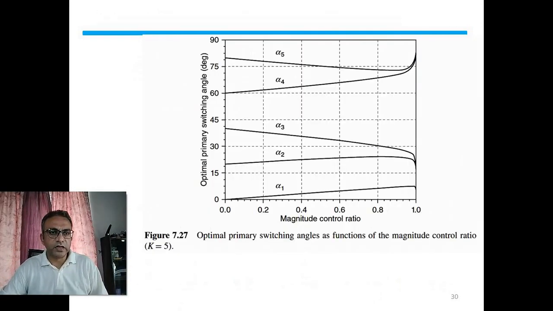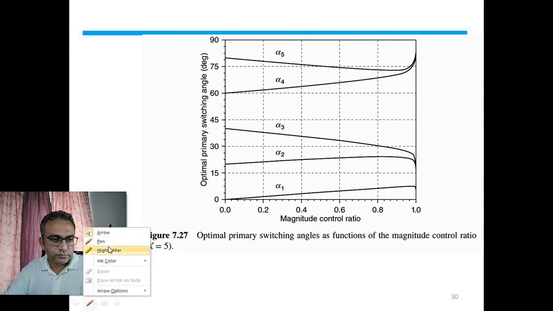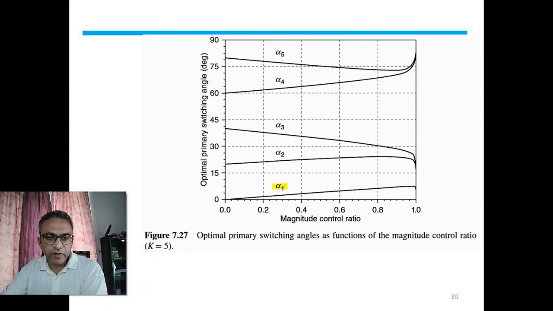And finally, these are the optimal primary switching angles from alpha 1 to alpha 5, and these are the angles for output voltage versus the value of the angles. So this graph shows on the x-axis the output voltage.